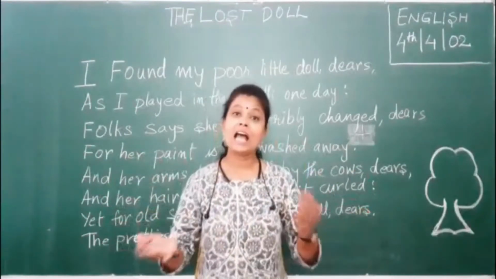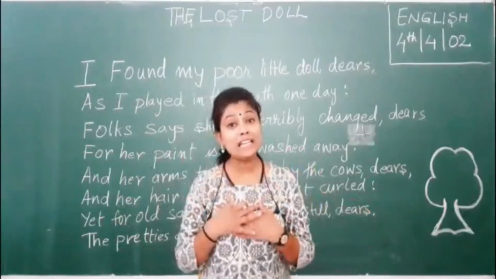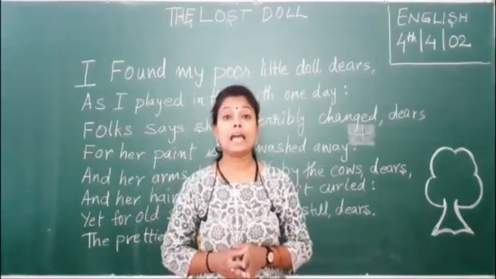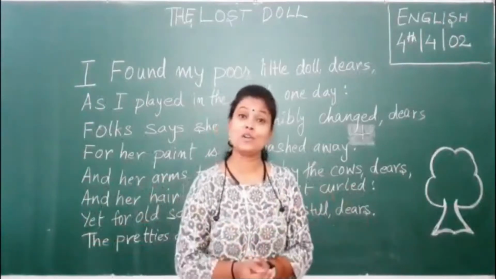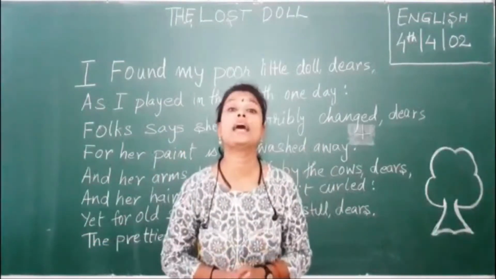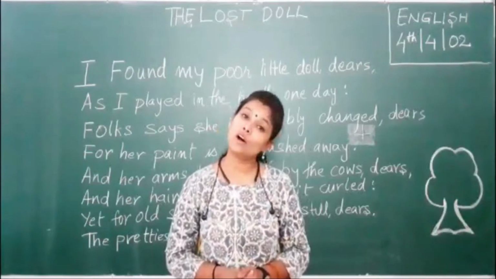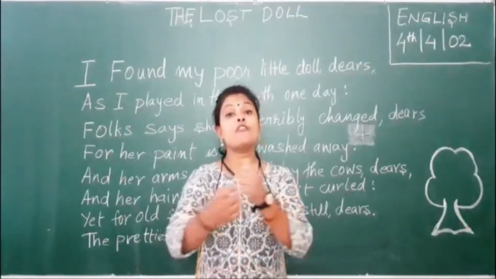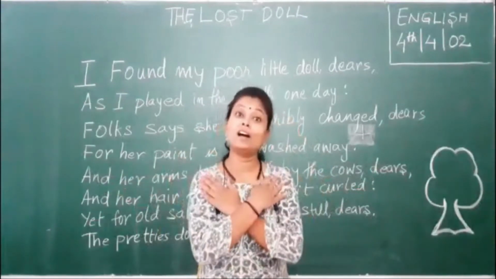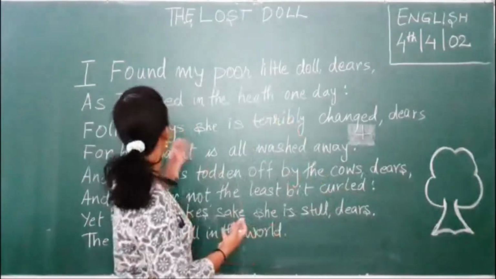Because I got my doll back. How? As I found it. So she is very happy. Why is she happy? Because she found her doll, the prettiest doll. Next, see.